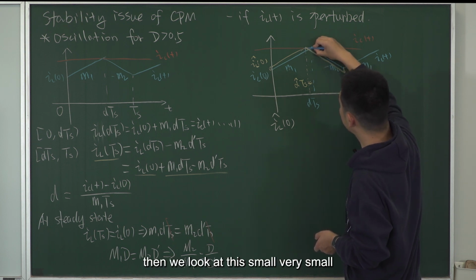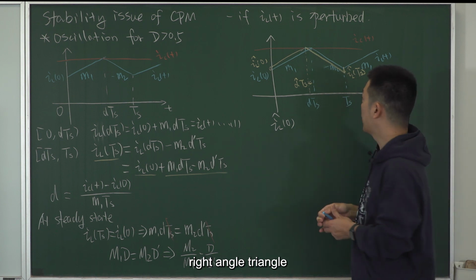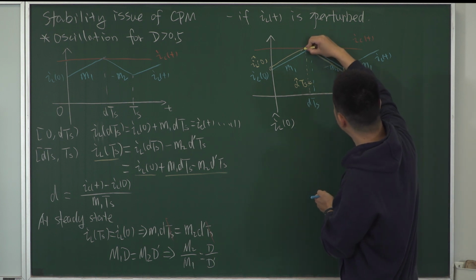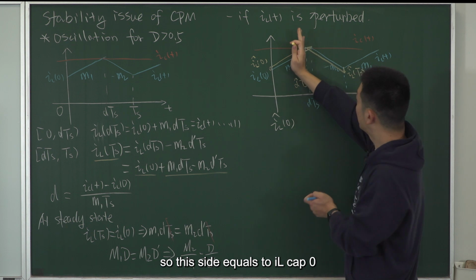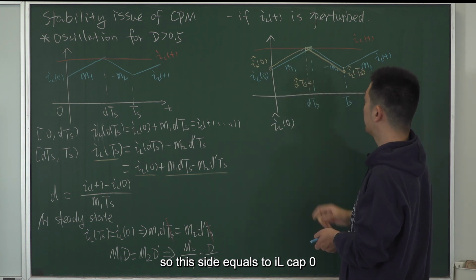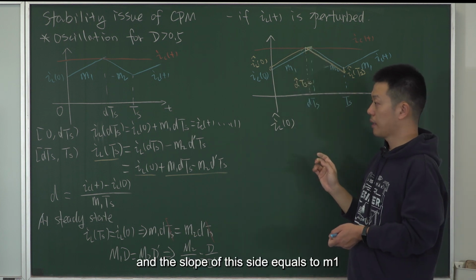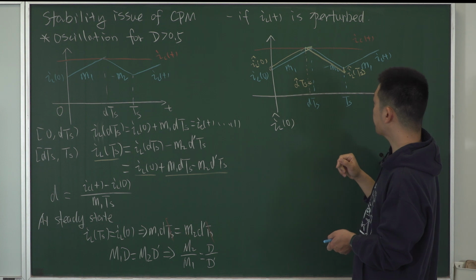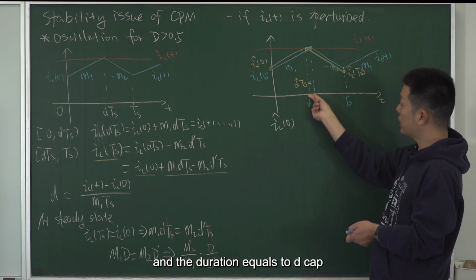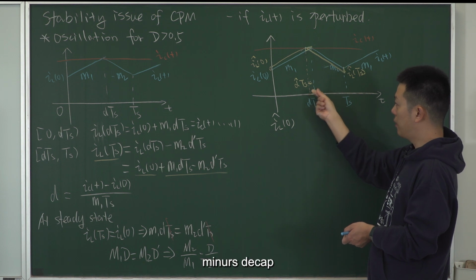Then we look at this very small right angle triangle. This side equals IL cap 0, and the slope of this side equals M1, and the duration equals minus d cap Ts.